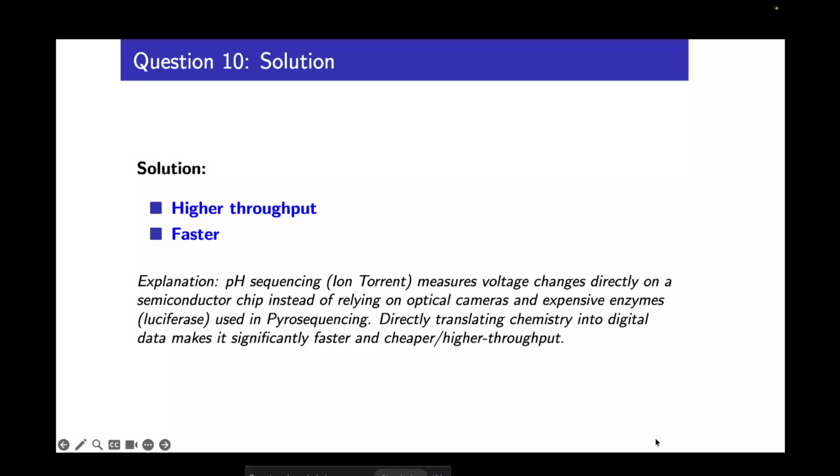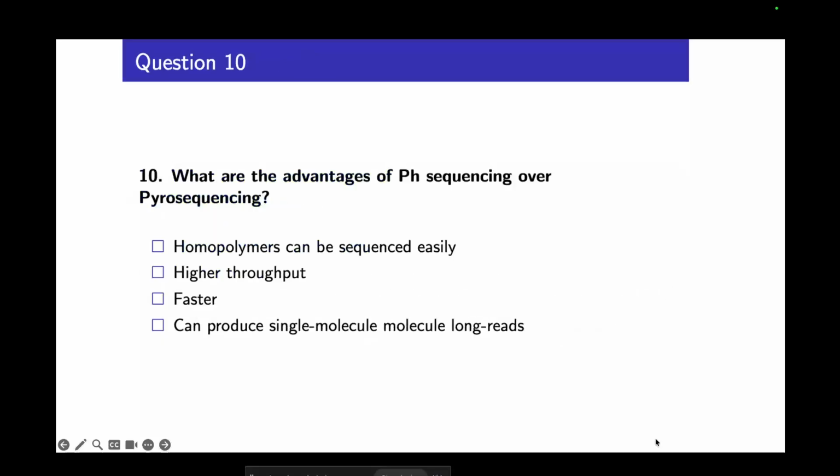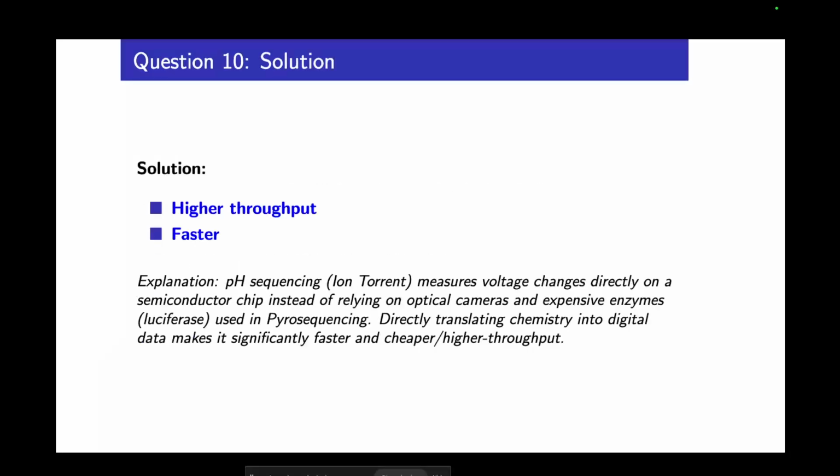Yeah, it's all to do with the throughput and the speed. It's nothing in terms of homopolymers or long reads or anything. It cannot generate that. It's just that it is faster and with higher throughput. That's all. Yeah, correct.